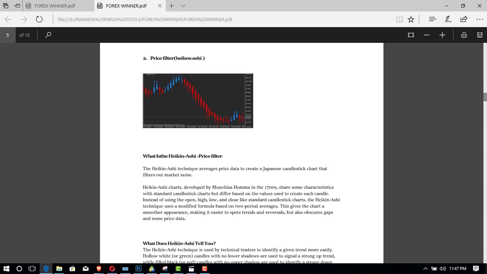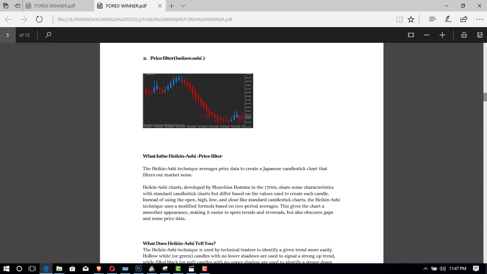Heikin Ashi charts typically have more consecutive candles of the same color, helping traders to identify past price movement. The Heikin Ashi technique reduces false trading signals in a sideways and choppy market, helping traders avoid placing trades during this time.